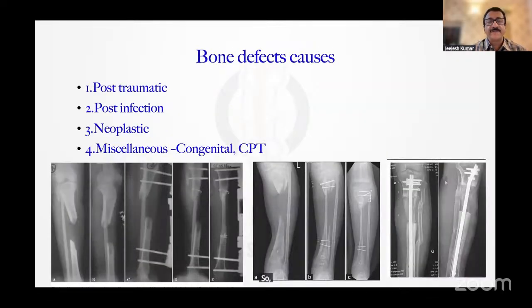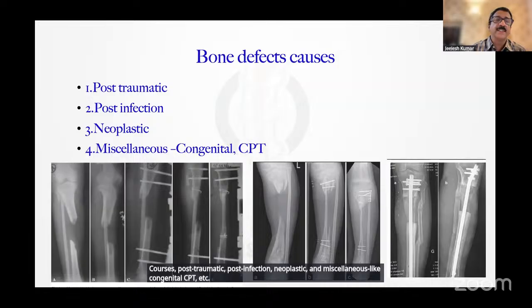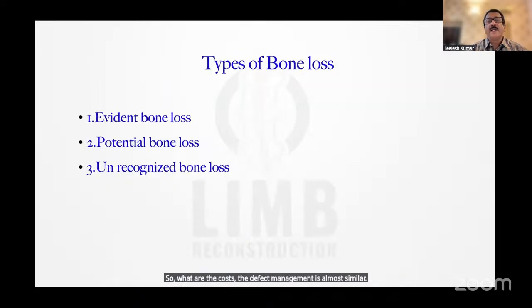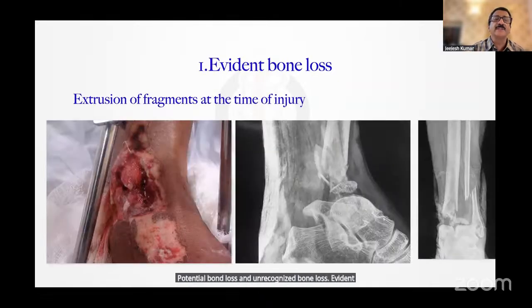Coming to the defect causes, you can have various causes: post-traumatic, post-infection, neoplastic, and miscellaneous like congenital, CPT, etc. Whatever the cause, the defect management is almost similar. What are the types of bone loss? You have 3 types: evident bone loss, potential bone loss, and unrecognized bone loss. Evident bone loss means an extruded fragment at the time of injury.